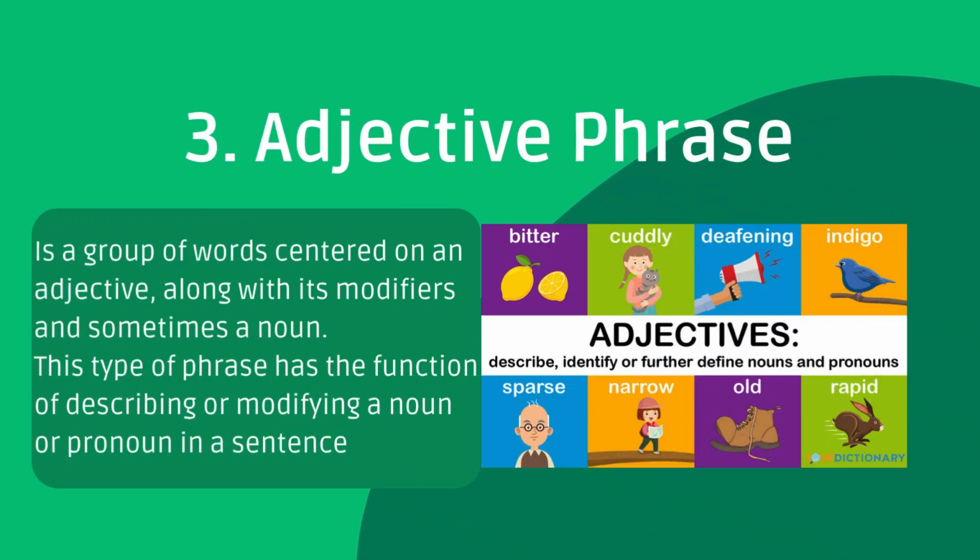Number 3, adjective phrase. An adjective phrase is a group of words centered on an adjective, along with its modifiers and sometimes a noun. This type of phrase has the function of describing or modifying a noun or pronoun in a sentence.